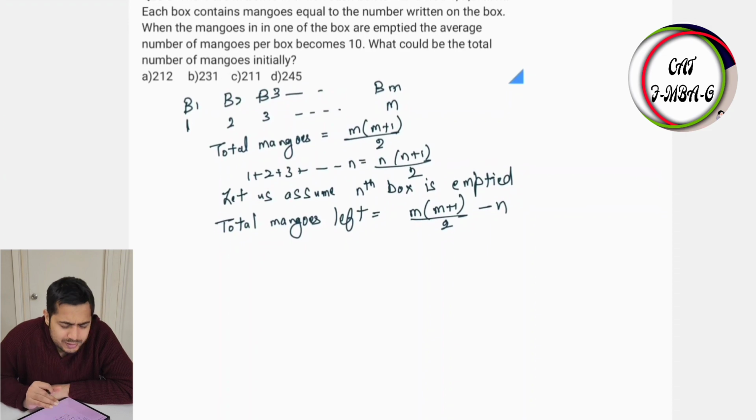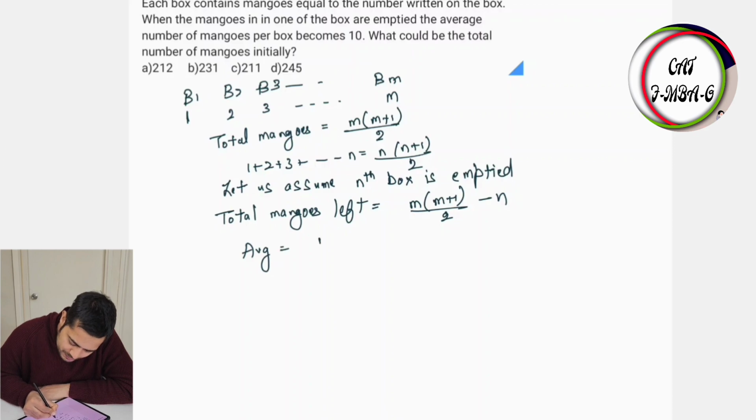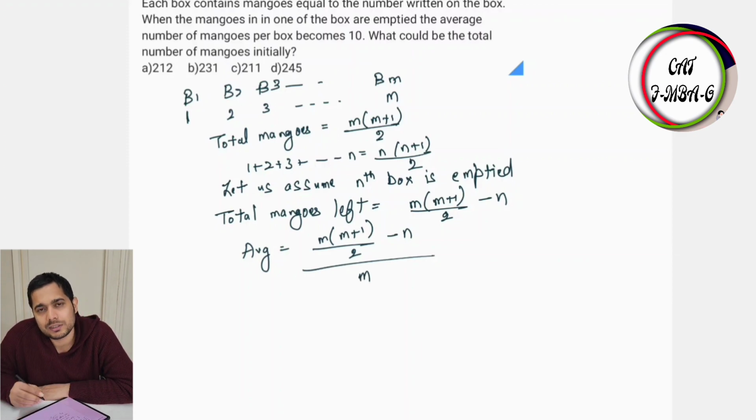Now it says that when nth box is emptied, then the average number of mangoes becomes 10. So average now is total mangoes divided by total number of boxes. M boxes are still there. It becomes 10.